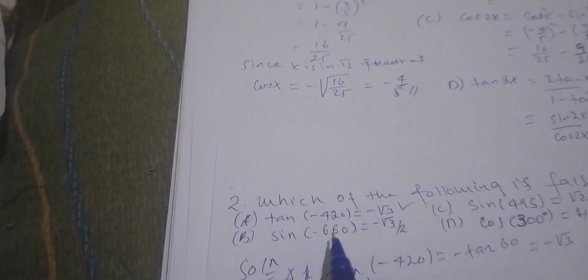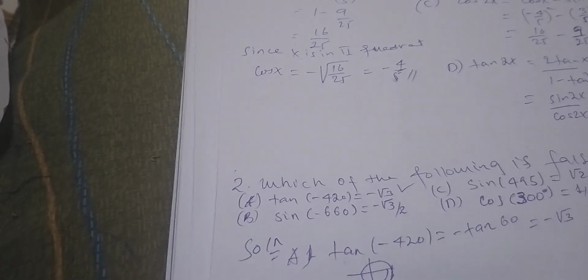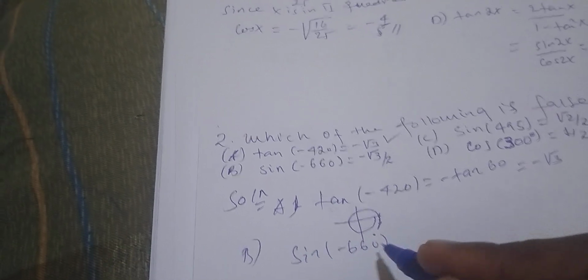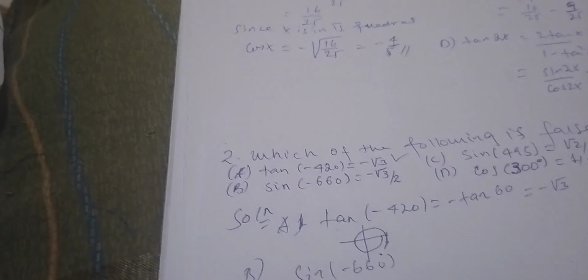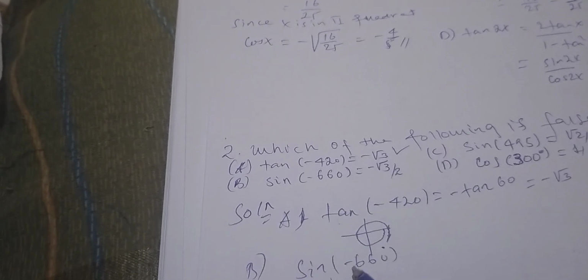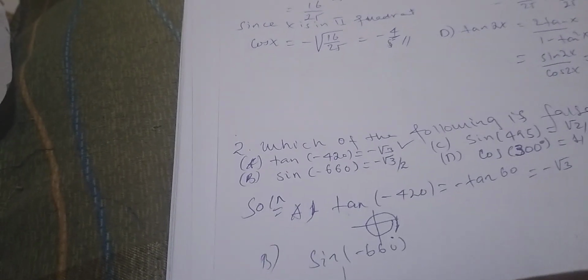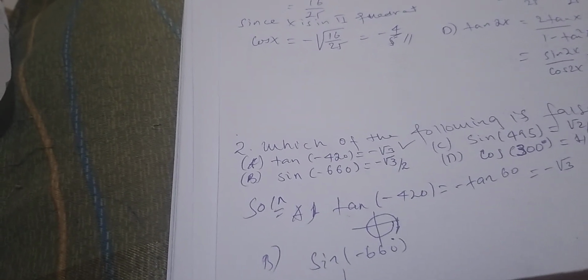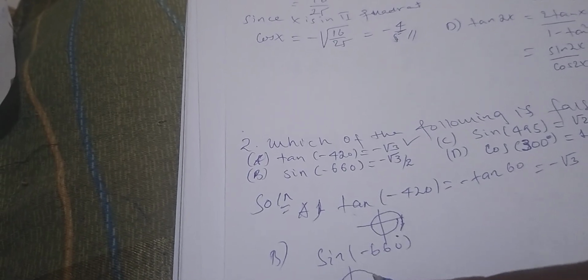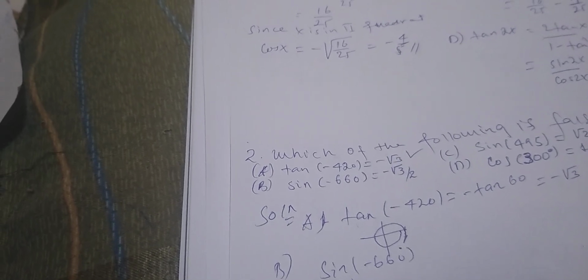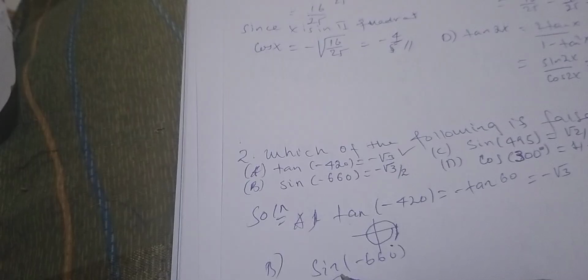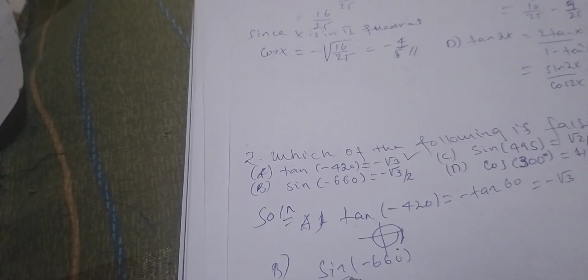Look at B. Sine of negative 660. Which quadrant is the angle negative 660 degrees in? Going clockwise past 360 degrees, then again, it ends in the first quadrant.